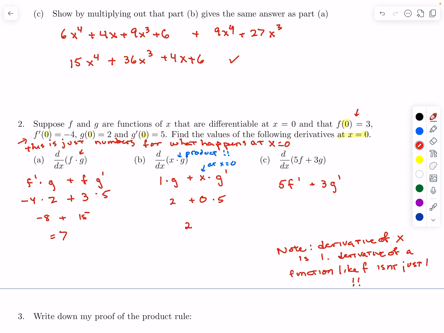Okay, so it's not just 5, it's 5f prime. So 5 times negative 4, 3 times g prime, gives you a grand total of negative 5.